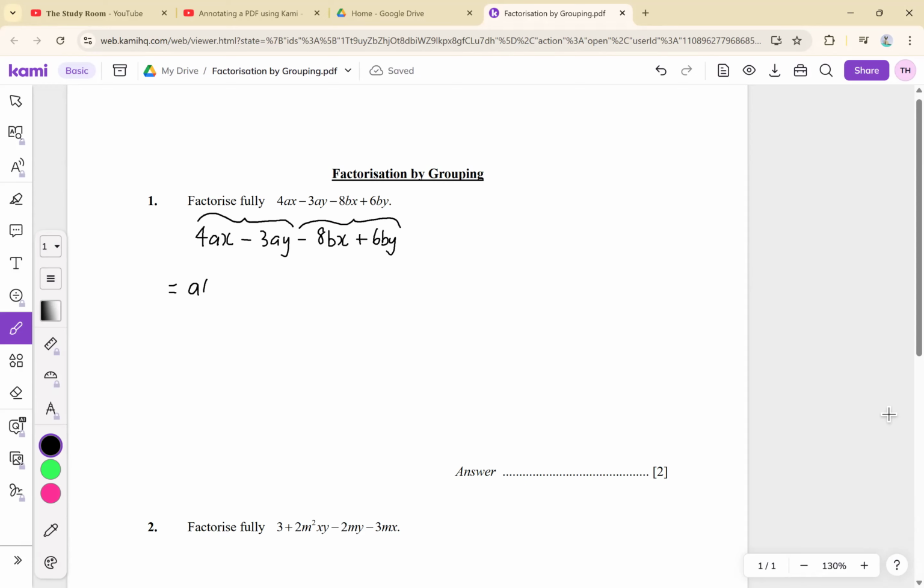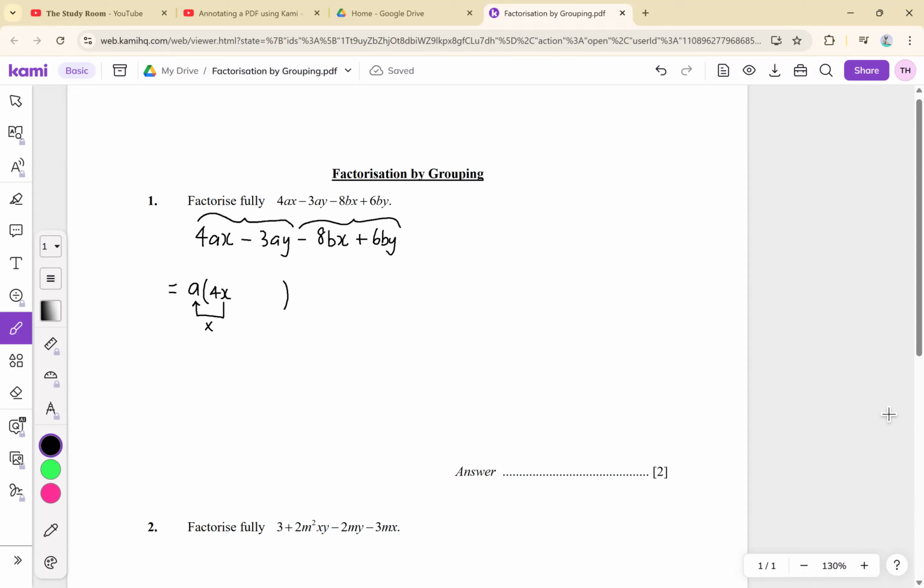Usually what I like to do for factorization is put the brackets first, then ask myself one question. What times a will give me 4ax? We can easily tell that it's going to be 4x. So this term over here should be 4x.